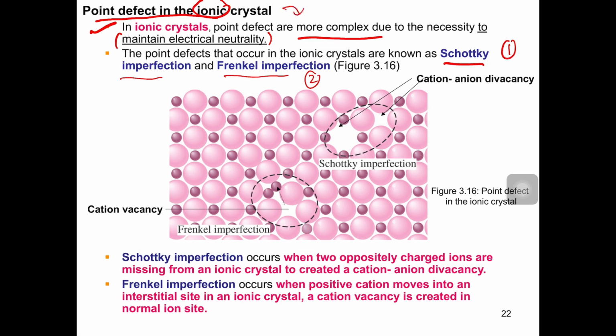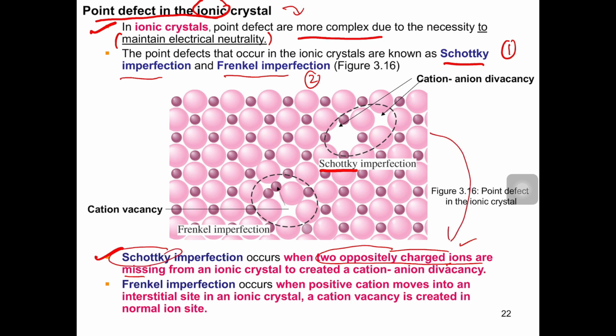The first one is the Schottky. It occurs when two oppositely charged ions are missing.